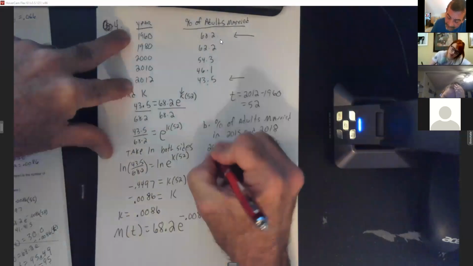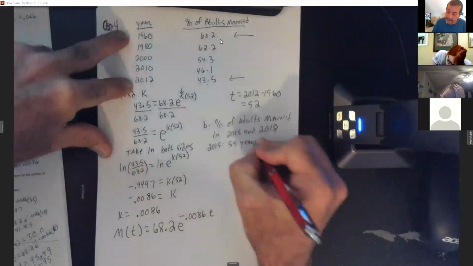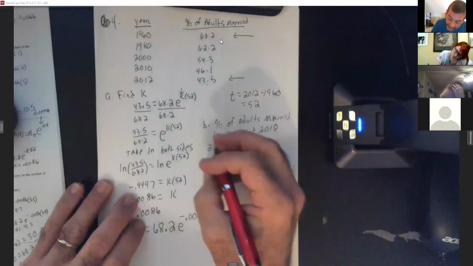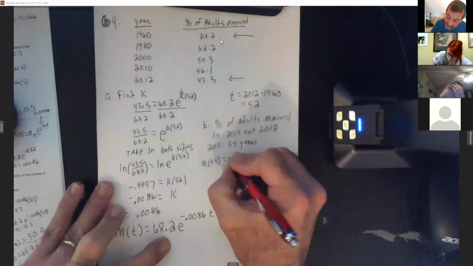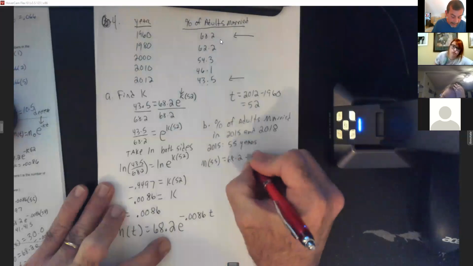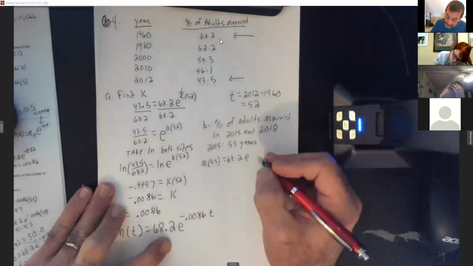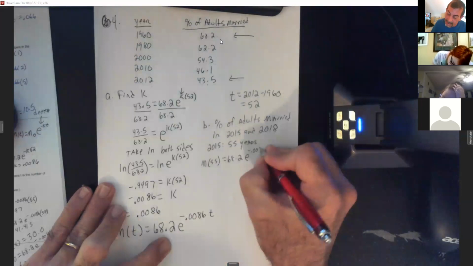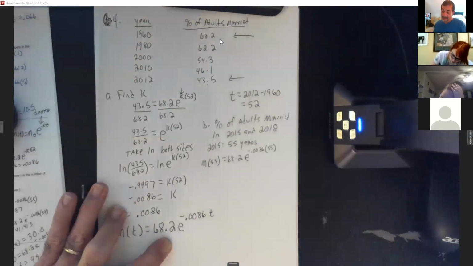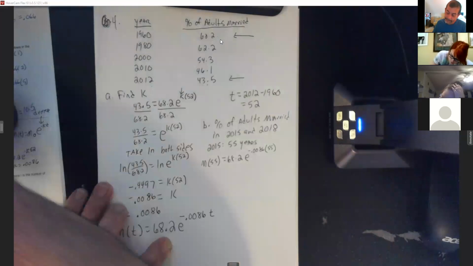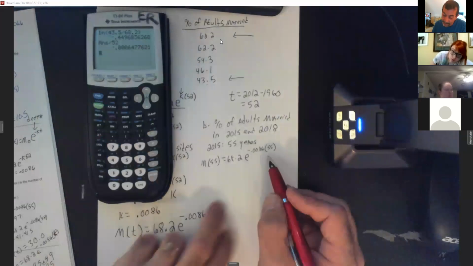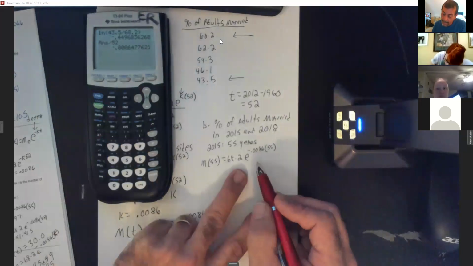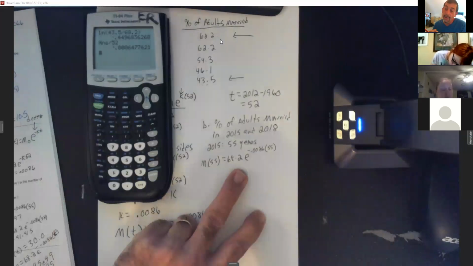That was 55 years. So your formula will be M of 55, because it's 55 years, equals the initial amount, 68.2, E to the negative 0.0086 times 55. Now, what's nice about this one, I can punch everything in like it looks, and we should get our number of adults that are married in 2015.